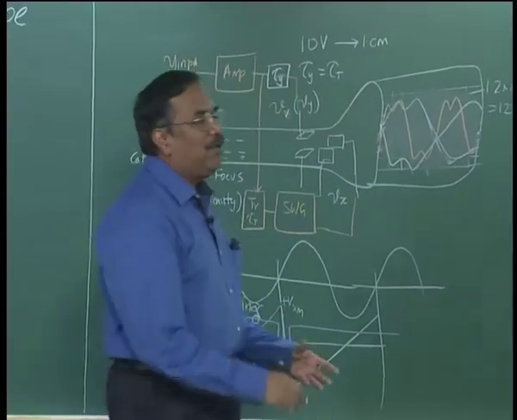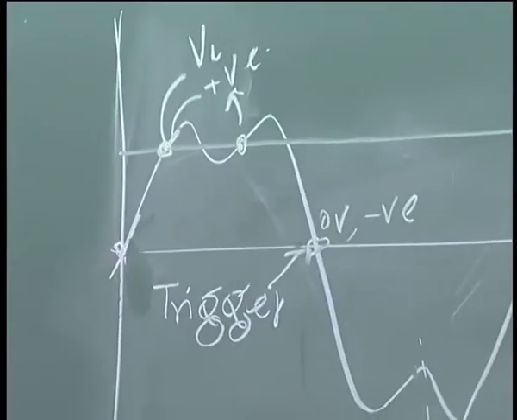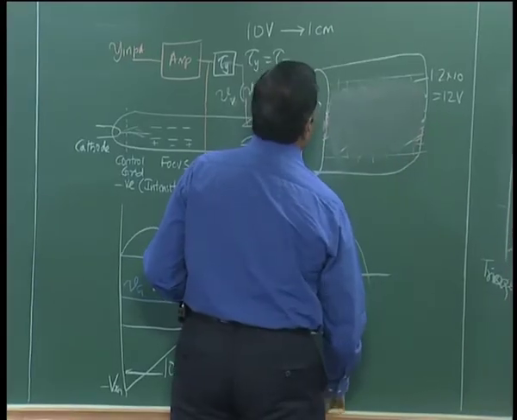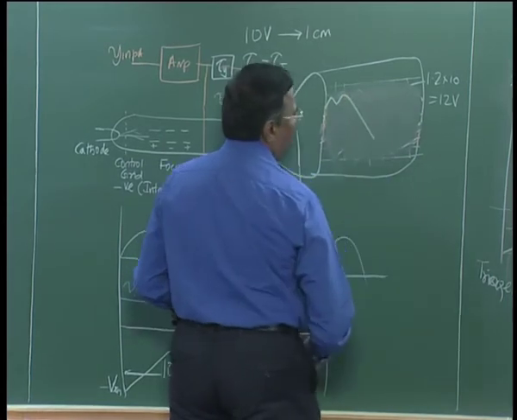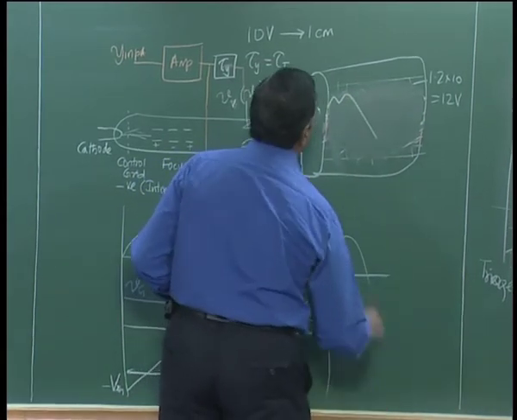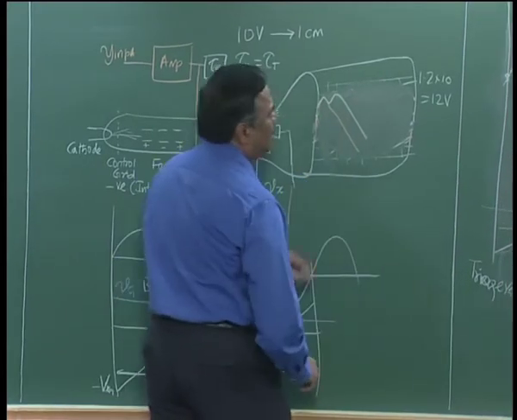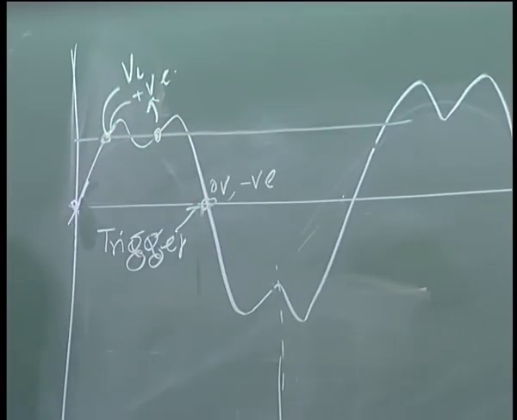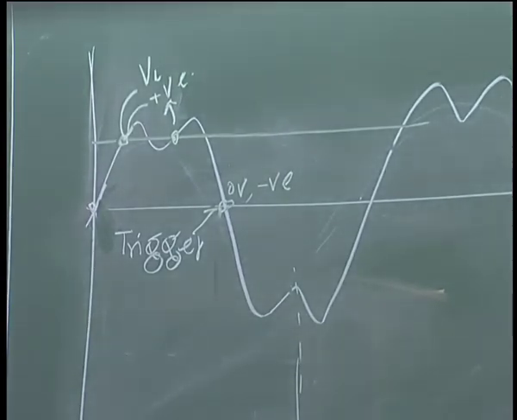So, depending upon the circumstances that exist, I may have at one point the waveform start like this, or I will have another time the waveform start like this, right. So, it will start here, go through this, or it will start here, go through this. You have no control, right. It depends upon the situations that exist in the trigger circuit, right.